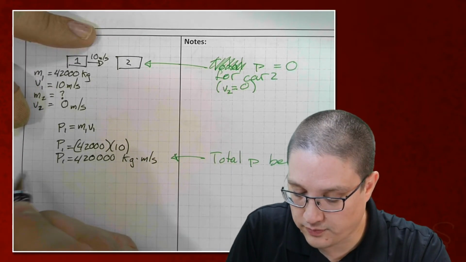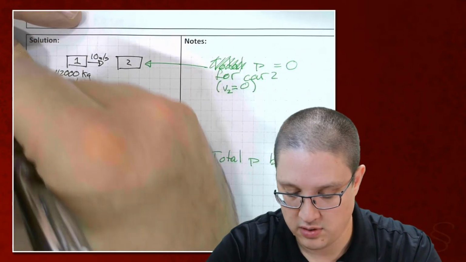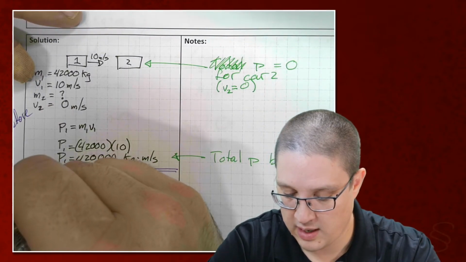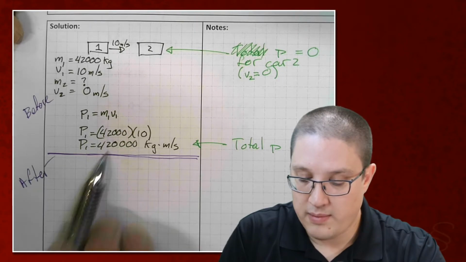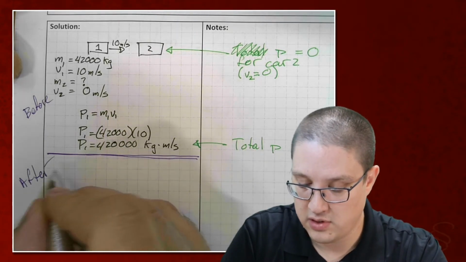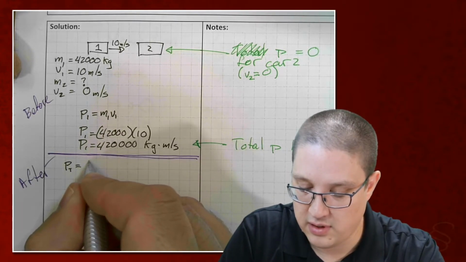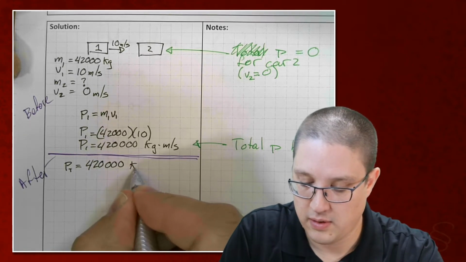Now, I need to figure out after. So this is before. Now I need to do after. I know that my momentum here is going to be the same after. So I can say my total momentum after is 420,000.